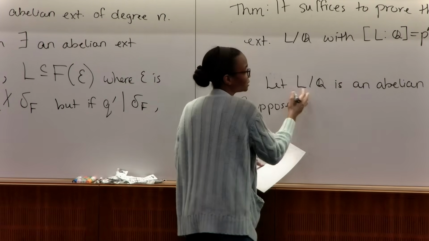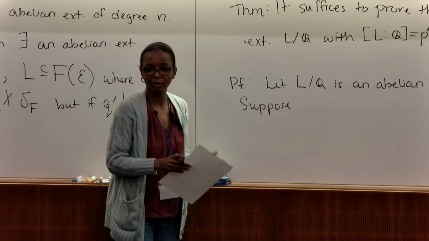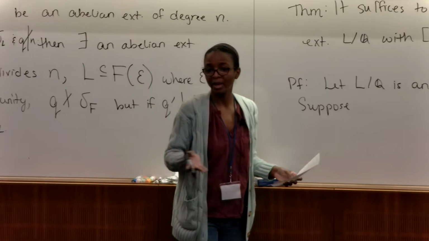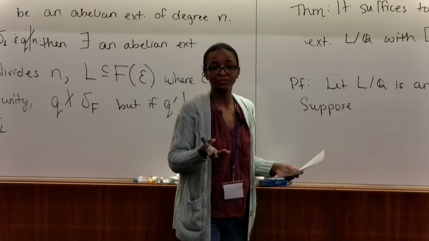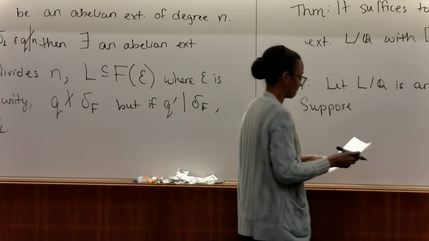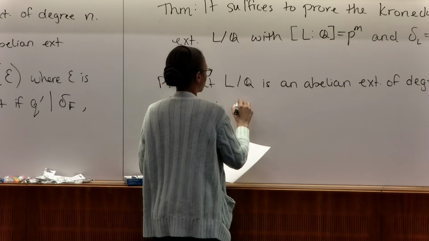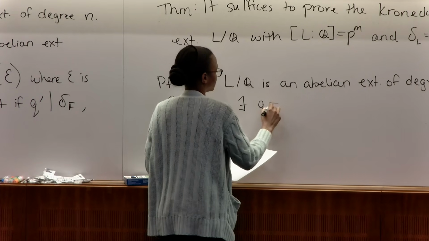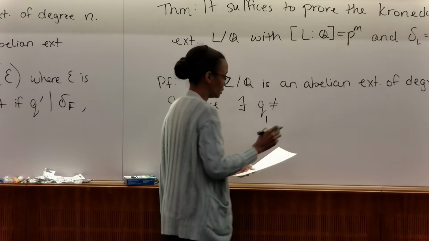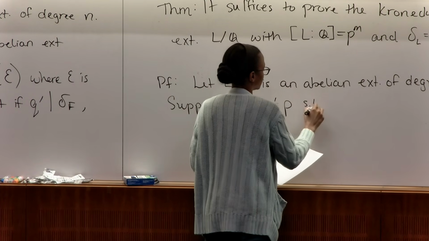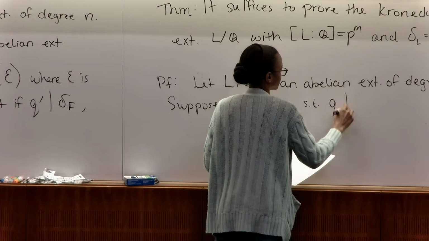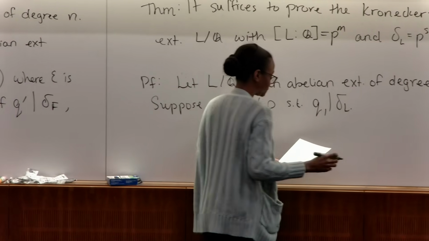If the discriminant of L is already a pth power, we're done. So assume that you have a prime distinct from p dividing the discriminant. So suppose there is some q, let's call it q1, different than p, dividing the discriminant of L.